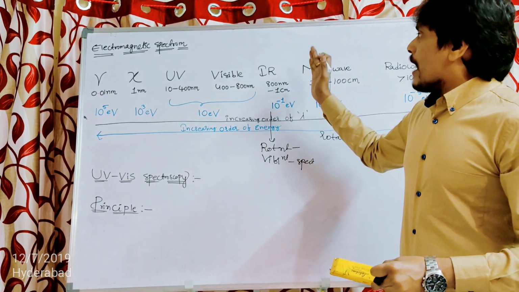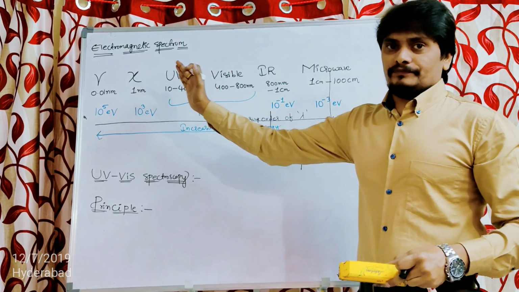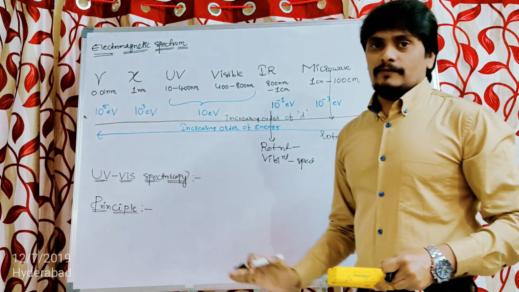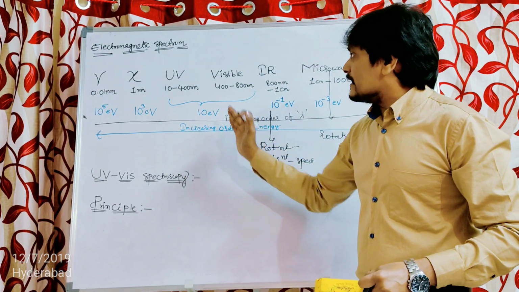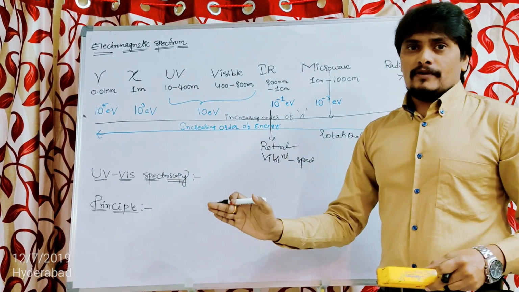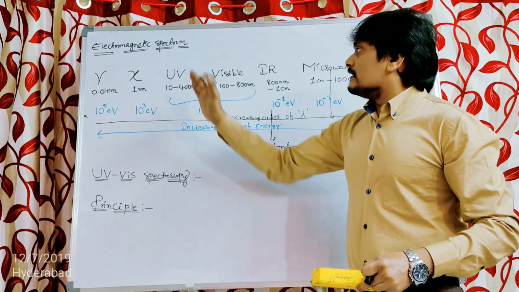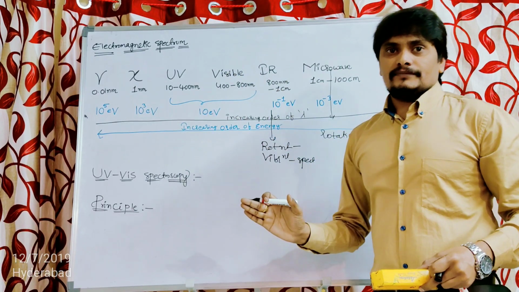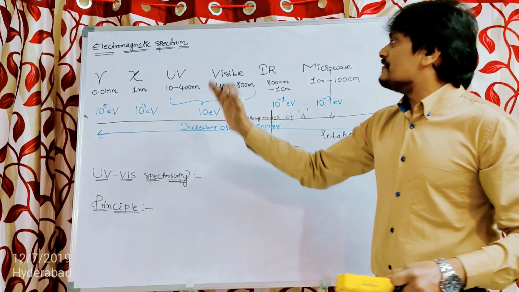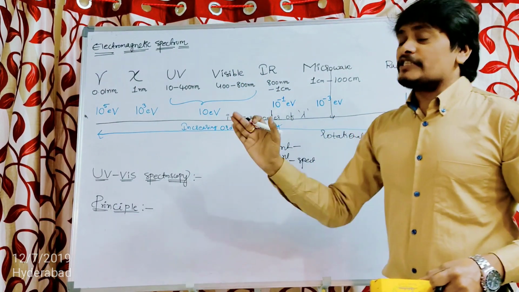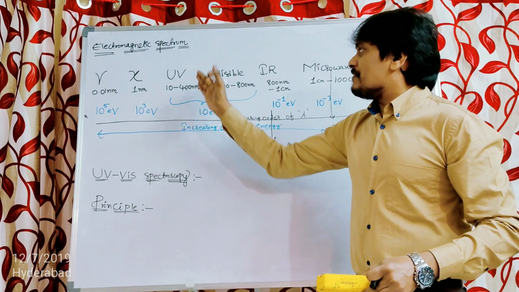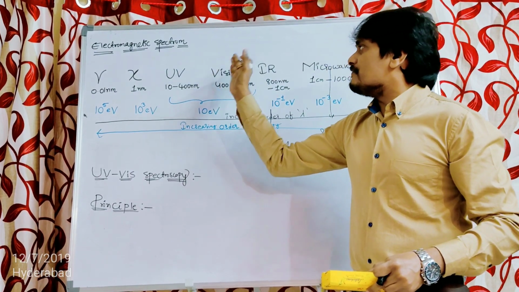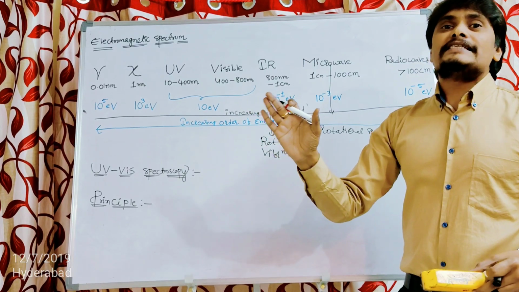Right. So as we move further, what is happening, students? In the case of UV visible, we have to talk about UV visible in the combined form. So UV visible spectroscopy, whatever spectroscopy is related to the UV and visible, is one and the same.